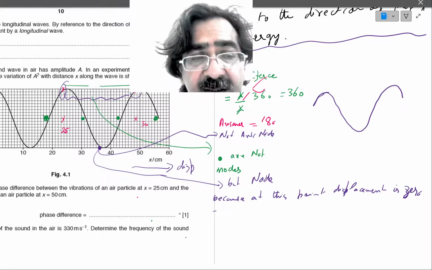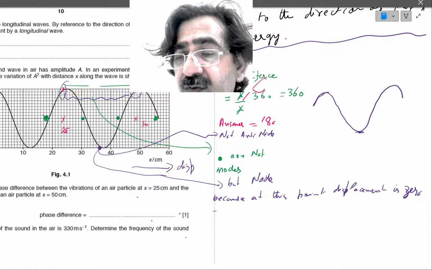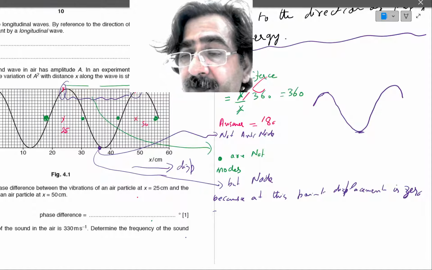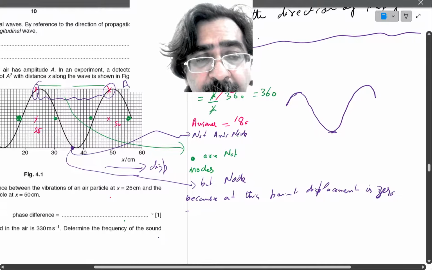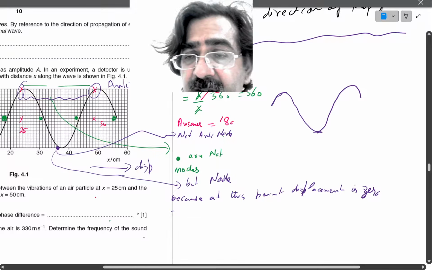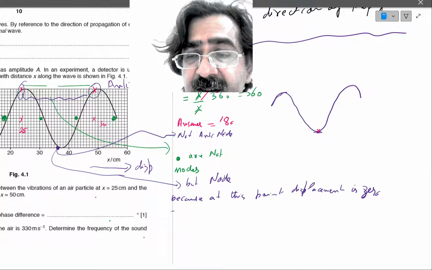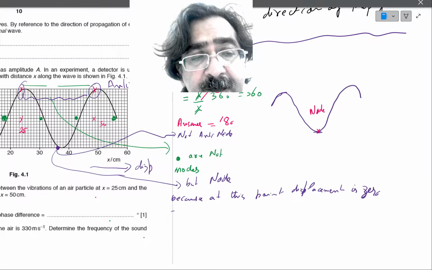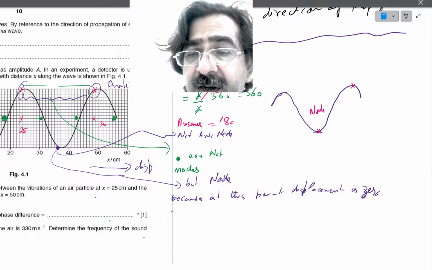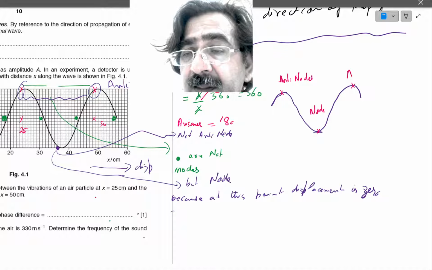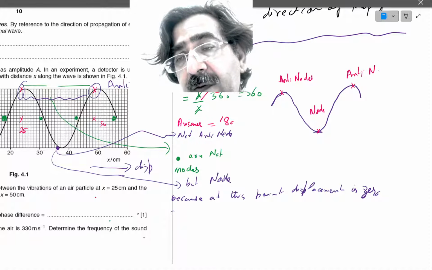If I draw the stationary wave, because here amplitude is zero, so this point is a node. And these two points are antinodes.